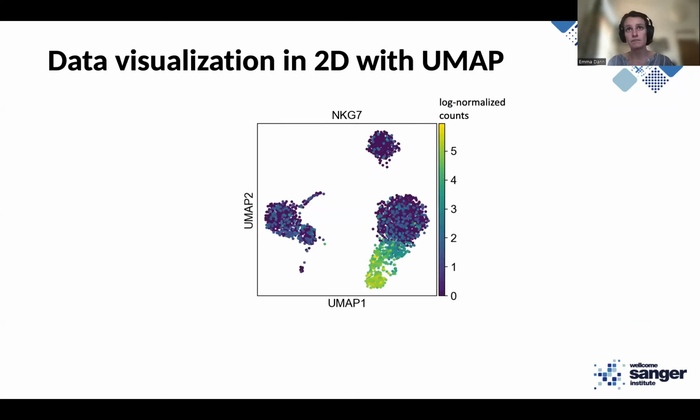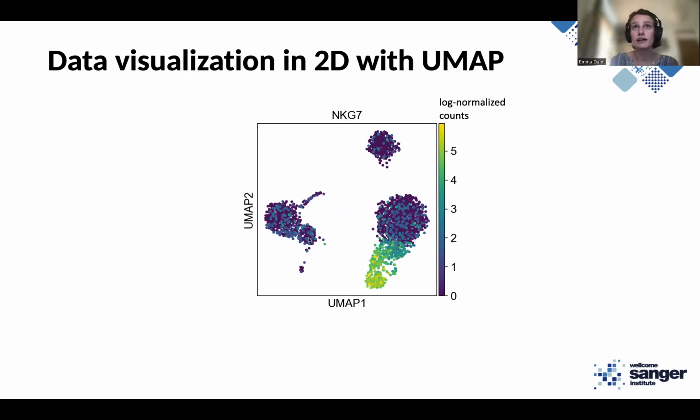Here I'm showing an example of a simple single-cell RNA-seq dataset from blood cells. Each point represents a cell, and points are arranged in one of these two-dimensional UMAP embeddings. They are colored by how many molecules of this particular gene, NKG7, each cell is expressing. And NKG7 is a marker for NK cells.